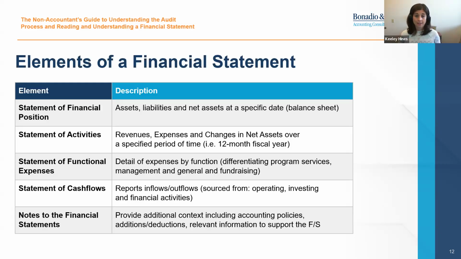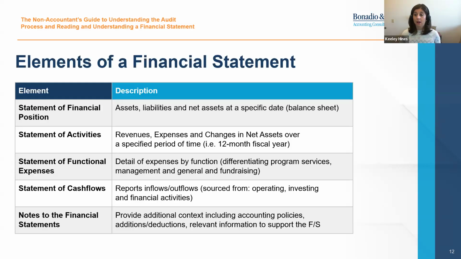Your assets are your resources, everything from cash to amounts owed to you, to investments, fixed assets. Those are things that are resources and available for use by the organization. And the liabilities is how it sounds. Those are the amounts that you owe to others. It could be bills that you have not yet paid.